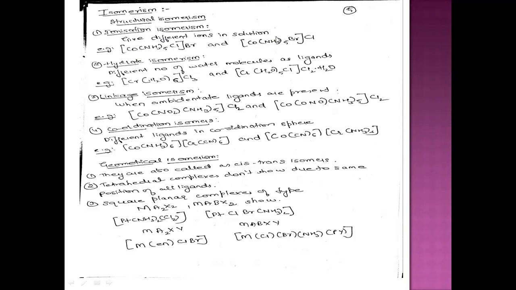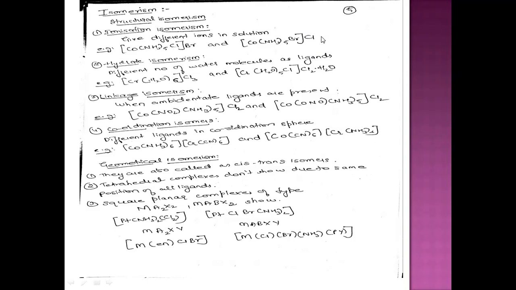When these individual compounds ionize in solution, the ions that come out are different. In this compound, the ion coming out is Br minus, whereas here it is Cl minus. So 2 compounds have the same molecular formula, but the ions coming out on ionization are different.